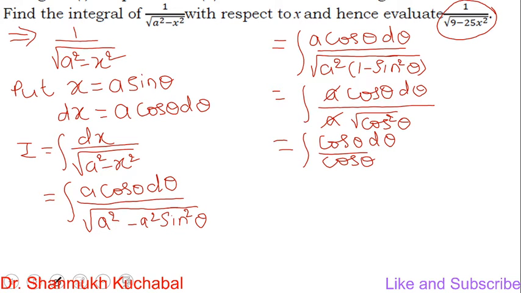From numerator and denominator, cos theta cancels. So we get the integration of 1 into d theta. The integration of 1 is theta, because we are integrating with respect to theta.